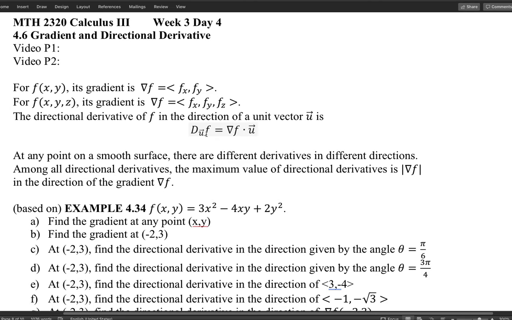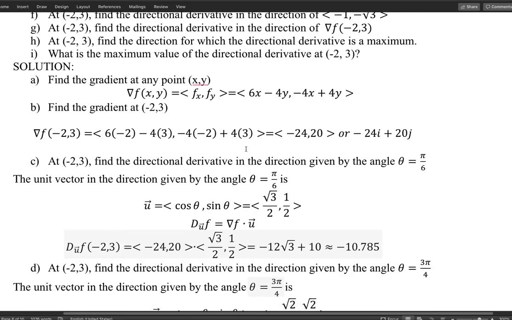For two-dimensional, three-dimensional, or later you may have higher dimensional cases, the directional derivative can always be calculated as the gradient dot with the unit vector, which is for the direction.